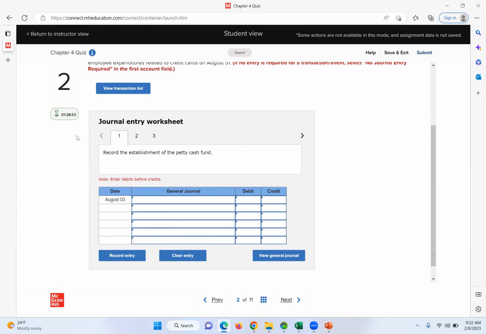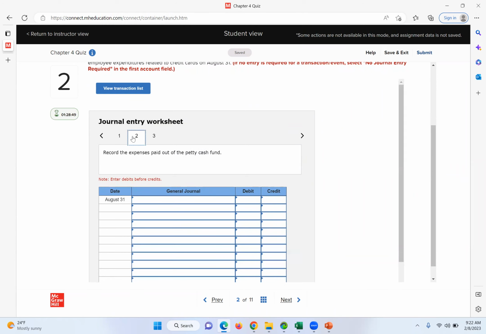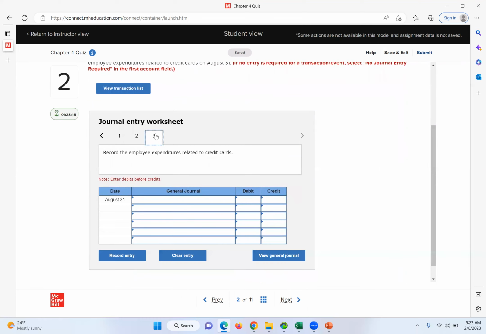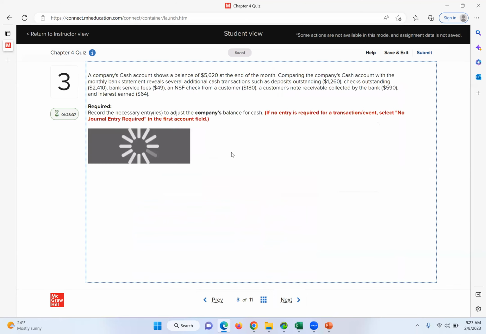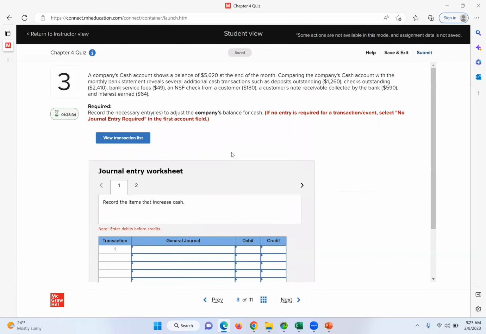You need to show journal entries recording the establishment of the petty cash, recording the expenses that got paid out, first for the petty cash, and then number 3, the employee expenditures. Then you'll record journal entries here regarding cash.